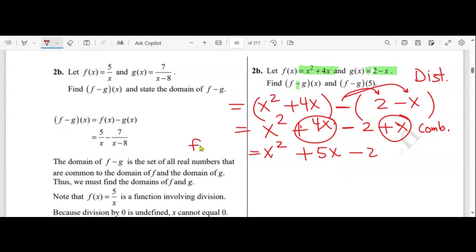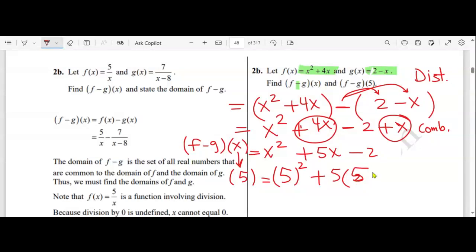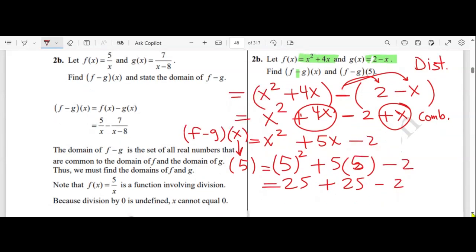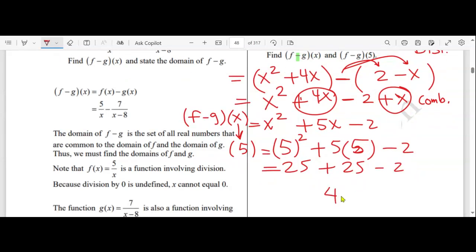That gives you f minus g of x. But he wants 5, right? He wants you to replace x by what? 5. So remember, you have to do it how many times now? 2 times, right? So that's 25 plus 25 minus 2. So your final answer will be what? 48. Easy as easy.